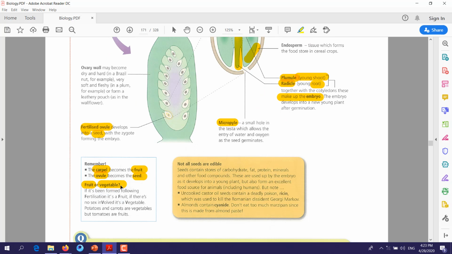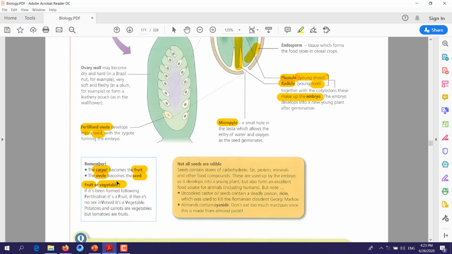Then, fruit or vegetable. As you know, we have fruits and we have vegetables. The main difference between them, or how you can differentiate whether these plants are fruits or vegetables, depends on the seeds. If there are seeds in this plant, we call it a fruit.